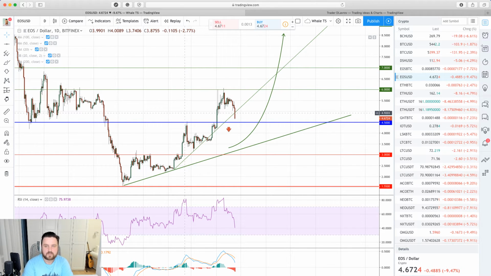Why did price bounce? Because we had a good upward movement, so the market is in a bullish trend. In a bullish trend, price moves up and down, but the upward movements are mainly longer than the downward movements or correction movements.